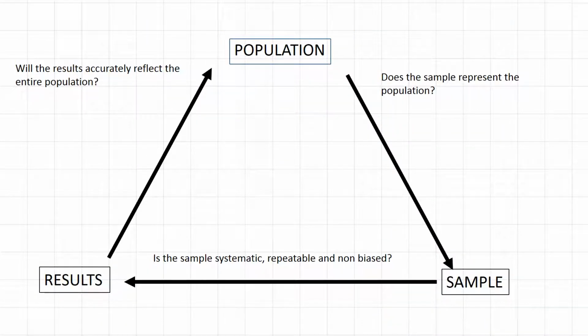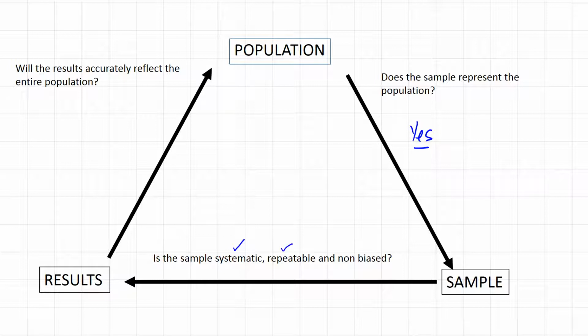So does the sample that they collected represent the population? Yes, for the most part. I think there are always some exceptions. One exception is that it depends on what streets. Did they block off all the streets and measure every 10th car, or did they just do that for the major thoroughfares? But generally, yes, the sample would represent the population. Was the sample systematic? Yes, it was. It's every 10th. Is it repeatable?